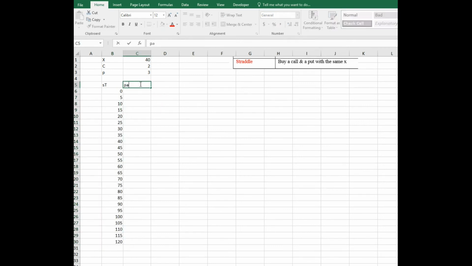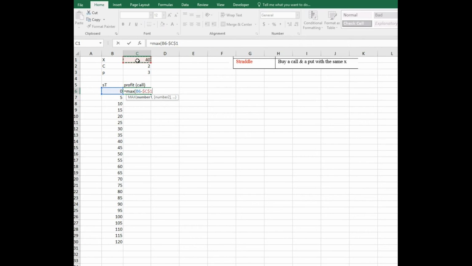So the first one is payoff, profit or loss. This is for a call. The profit loss will be payoff, max terminal stock price minus exercise price.